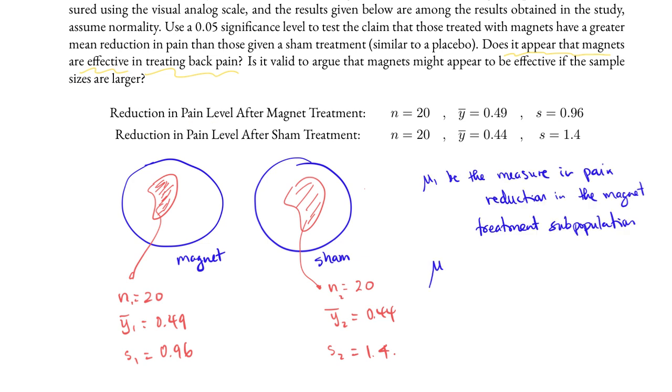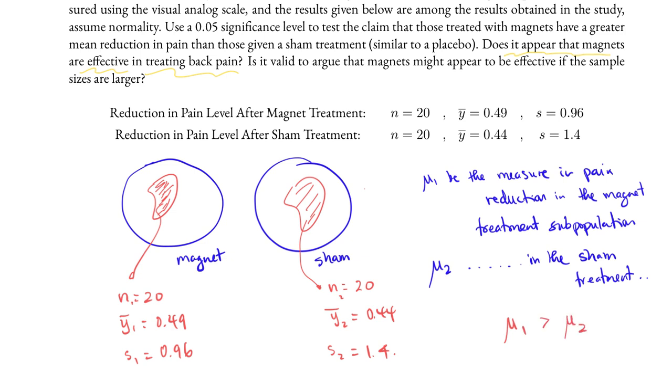If we let mu1 be the mean pain reduction in the magnet treatment subpopulation and mu2 be that in the sham treatment subpopulation, then what we are interested in is to check whether mu1 is greater than mu2.